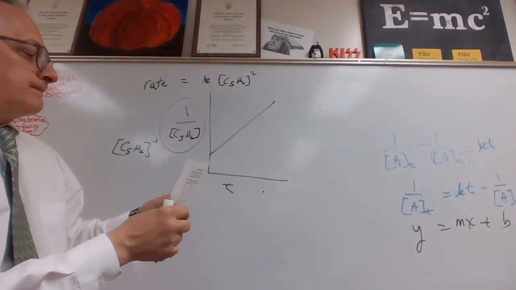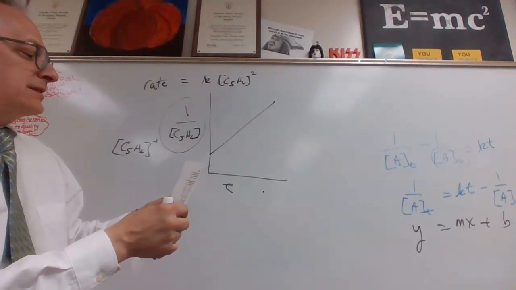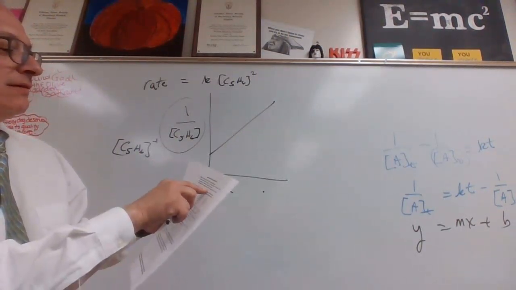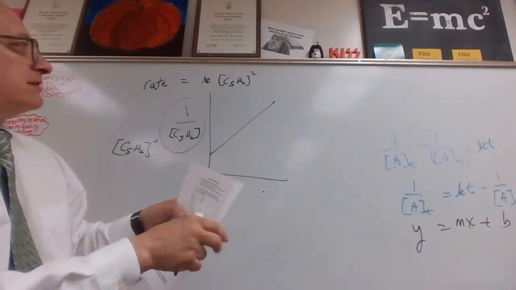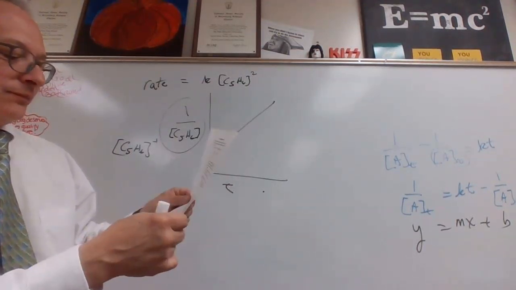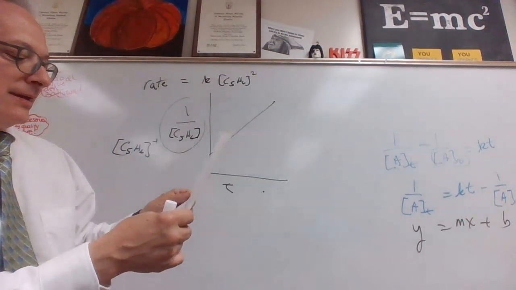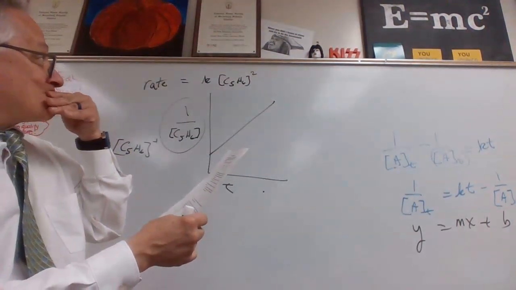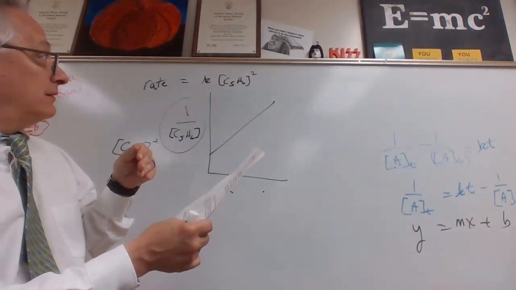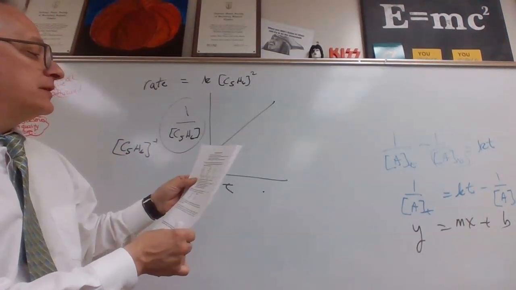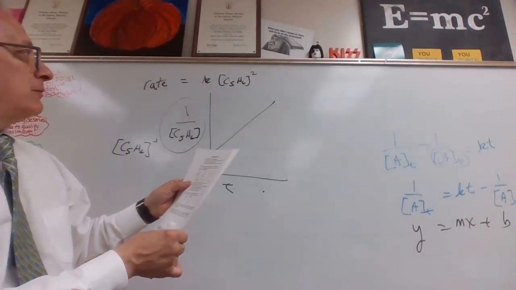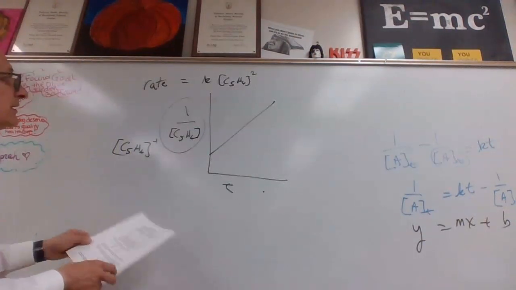So, it says calculate the concentration of C5H6 when 250 seconds have passed. At that point, you'd have to go ahead and, if 250 seconds have passed, since you are going to be able to know the rate constant, let me see here.